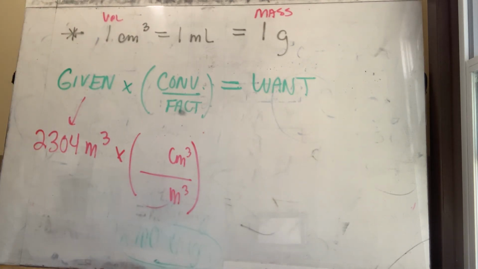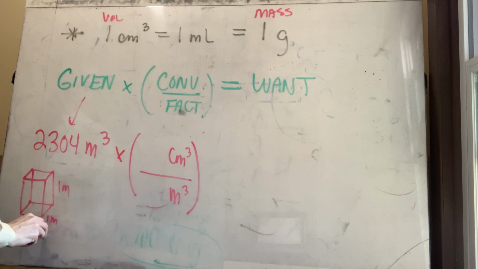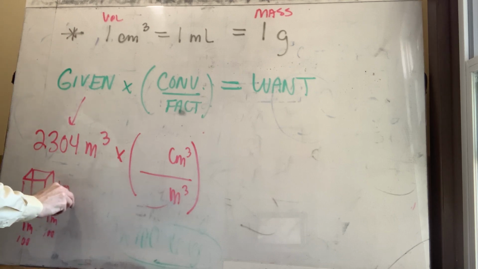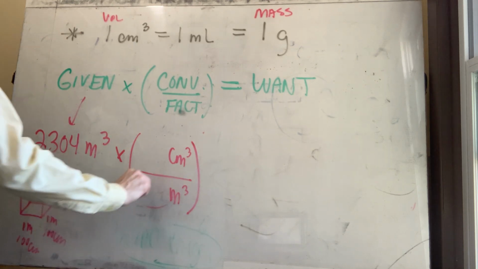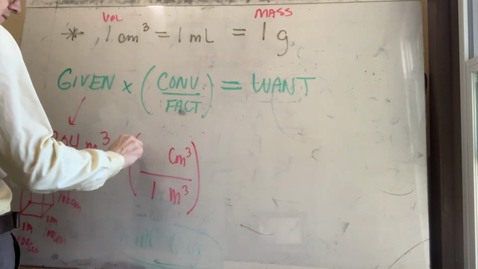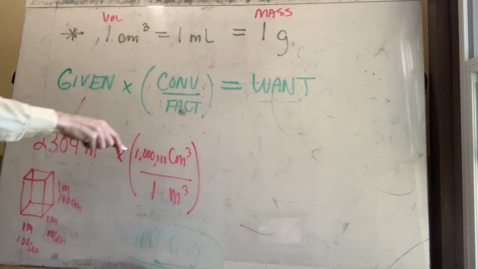And we actually did this before. Remember this? If it's 1 meter by 1 meter by 1 meter, and there's 100 centimeters in there, 100 in there, 100 in there, then instead of 1 times 1 times 1, it's 100 times 100 times 100. Which means that in 1 cubic meter, there's 1,000,000 cubic centimeters. That was that earlier problem.